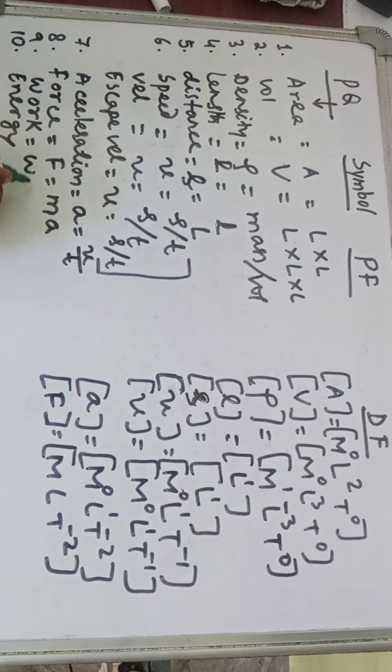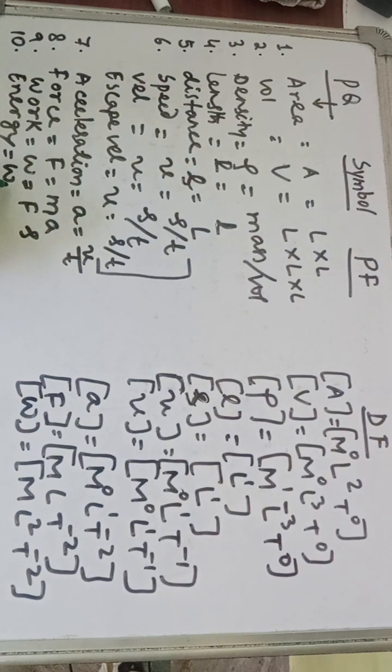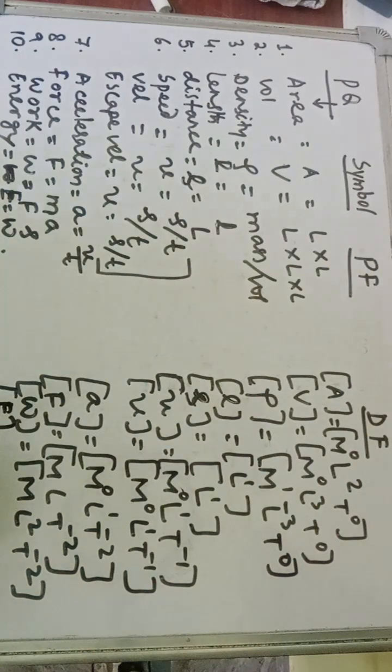Work done is equal to force into displacement, F into S. Magnitude of force and magnitude of displacement. Then in that case, dimension of work is M L2 T minus 2. Energy is equal to amount of work done. Hence, energy also has same dimension as work done.